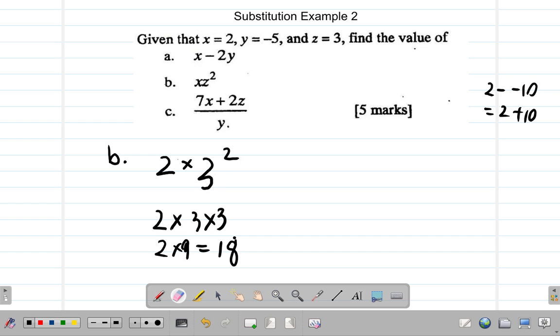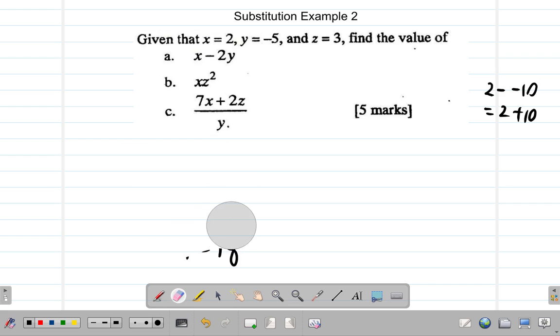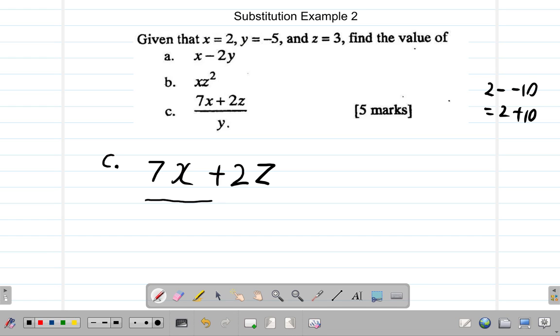We look now at part C of the question. Part C. We have 7x plus 2z divided by y. 7x means you have 7 x's there.